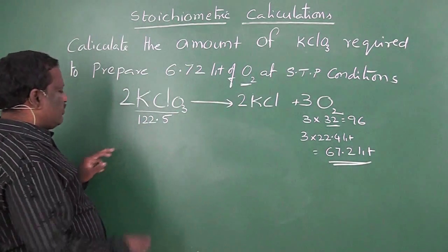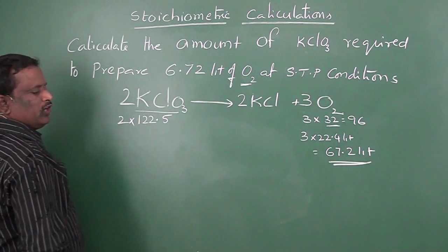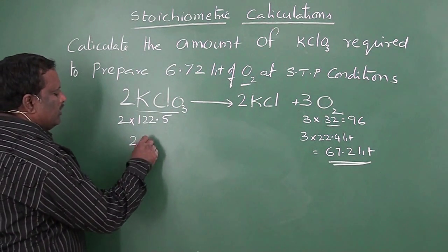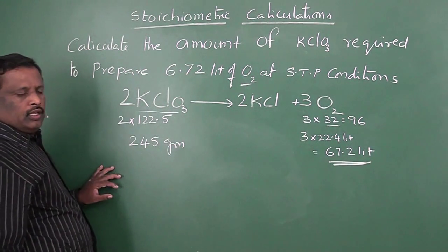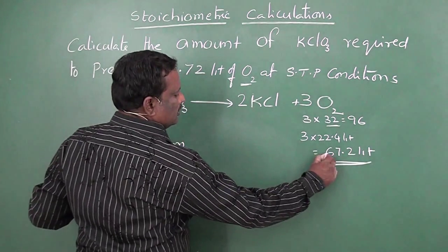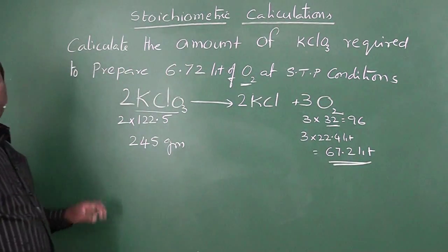According to this equation, 2 into 122.5, that is 245 grams of KClO3, can produce 67.2 liters of oxygen.